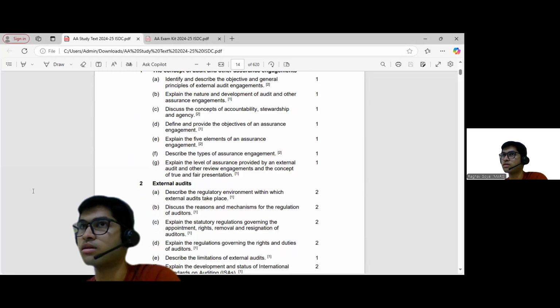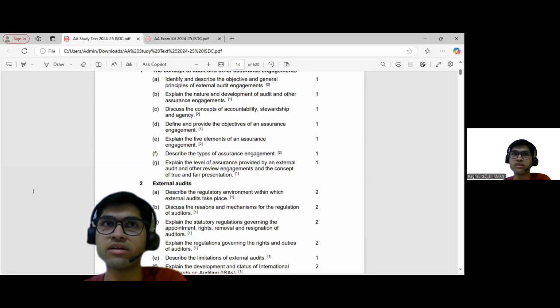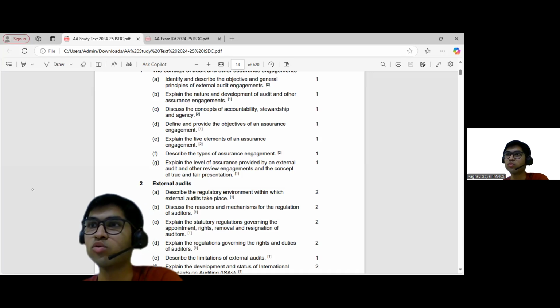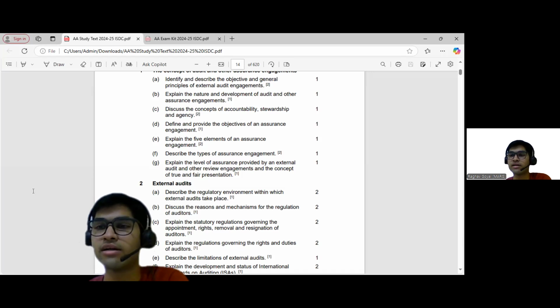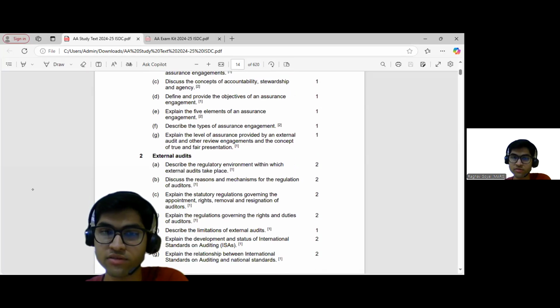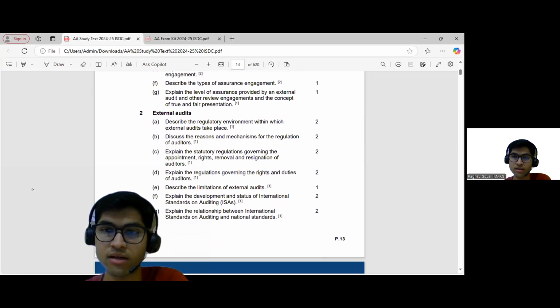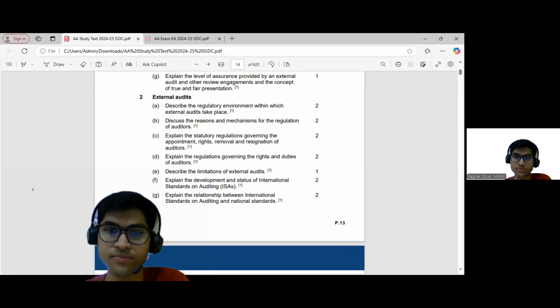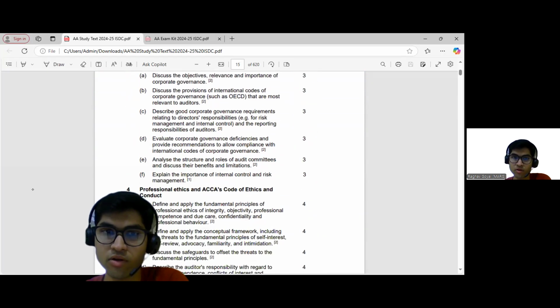For example, the auditor cannot do things on their own. There is a set standard procedure, an SOP, which the auditors have to follow. There are guidelines and a lot of things which the auditors need to take care of while working on their engagements. We will be looking at them in depth.